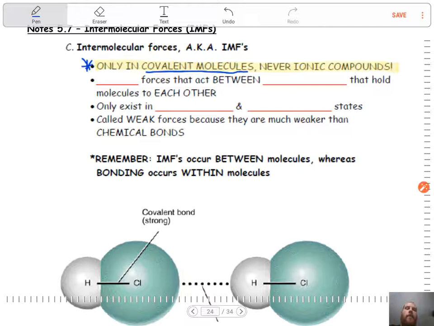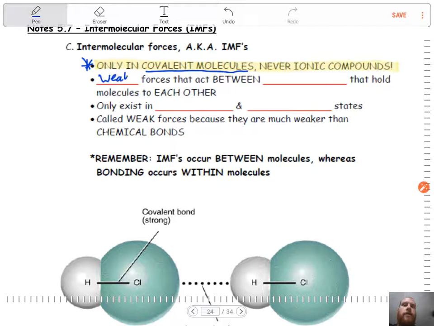Now, the other piece with intermolecular forces where people get confused is that these are weak forces that occur between molecules, okay? And that's the key, is between. They hold the molecules together. The way you want to think about it is that they are not like bonds. We'll get more into that in just a second.